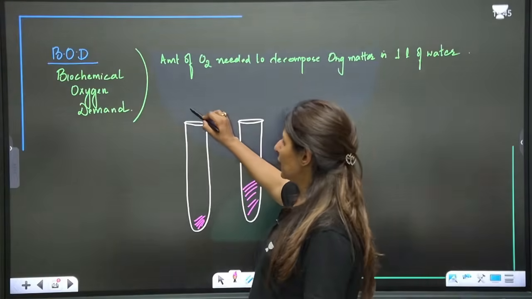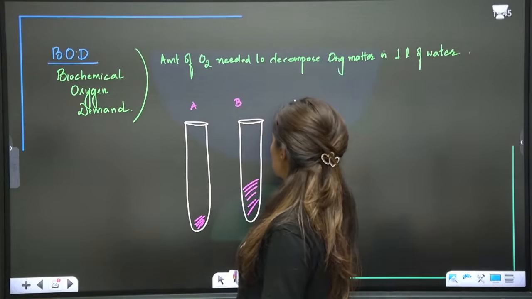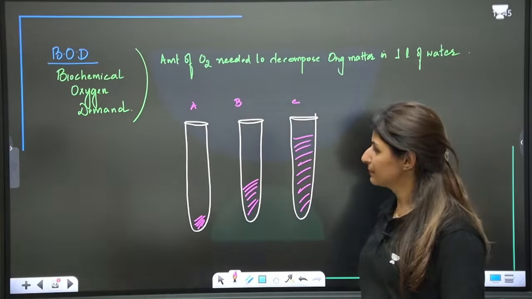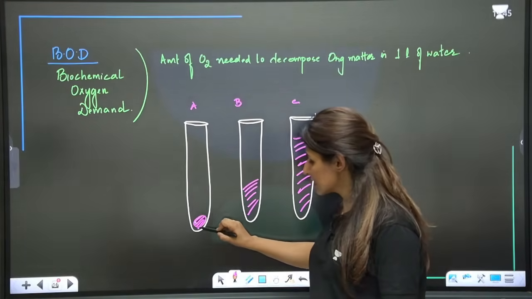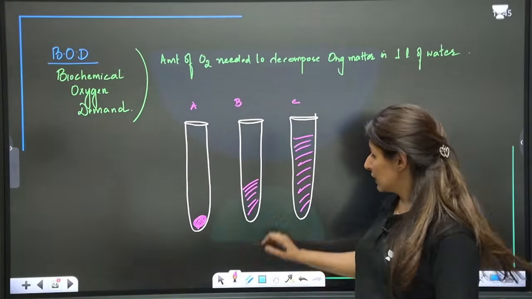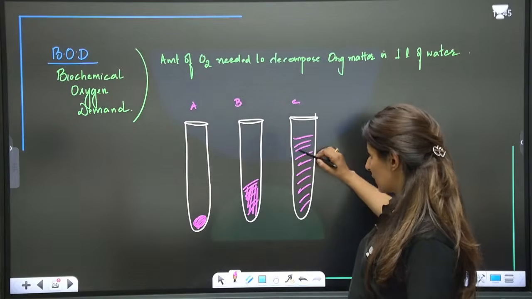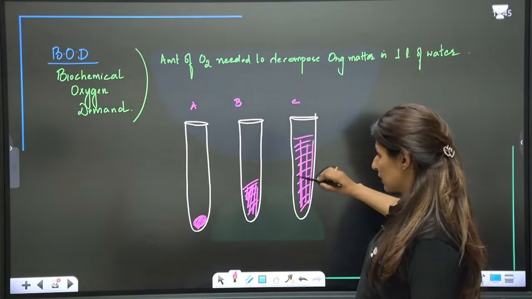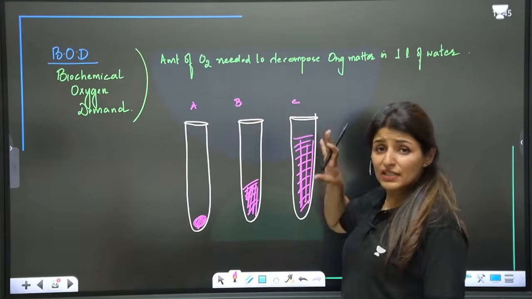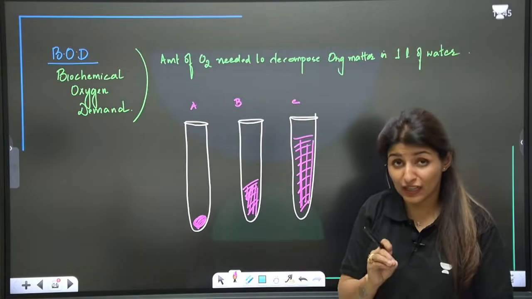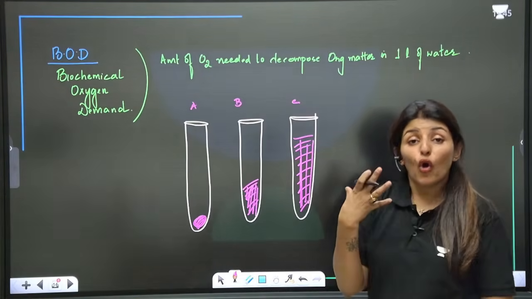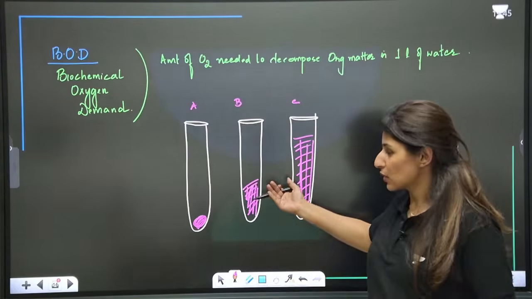Using our basic knowledge, if this has just this amount of organic matter, this has more organic matter, and this has the maximum organic matter, which out of these 3 test tubes will utilize more oxygen to degrade this organic matter?